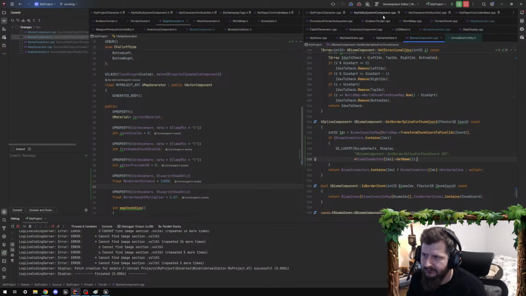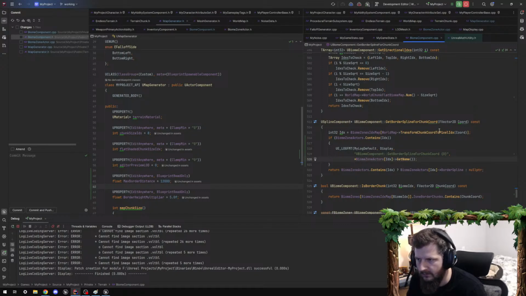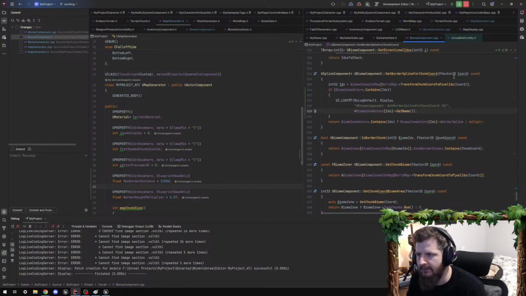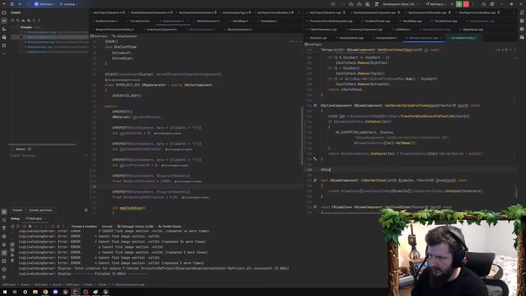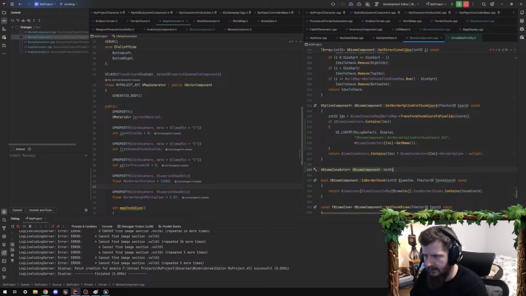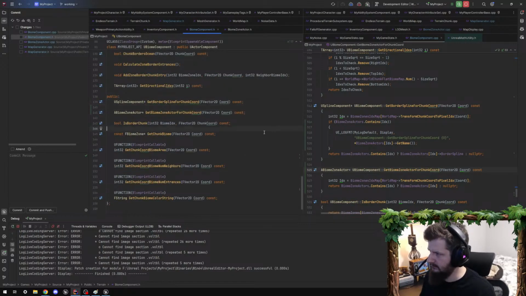Yeah, so that function we had was incorrect. It was no bueno. I kind of wanted to maybe get a get biome actor function. A biome zone actor, UBiomeComponent, biome zone actor for chunk coord. Yep, create that declaration.